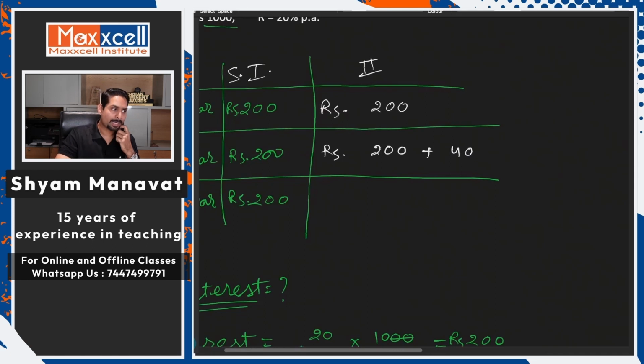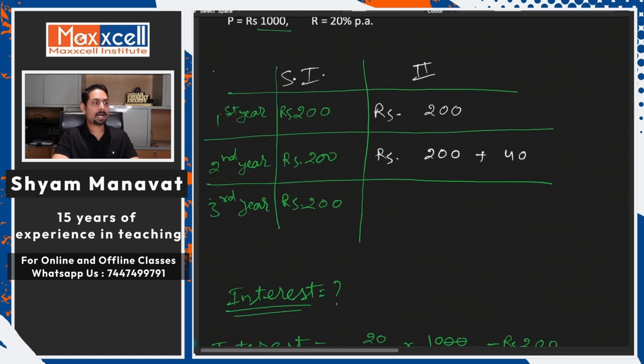So can I say that in second year I got 200, which is on the original amount, the initial amount 1000, plus 40 which is extra, which is generated from the interest of previous year. Can I term this 40 as interest on interest?